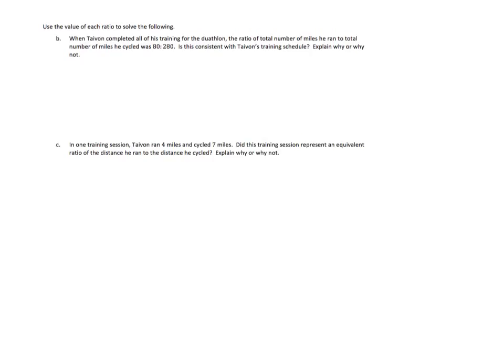When Tavion completed all of his training for the duathlon, the ratio of the total number of miles he ran to the total number of miles he cycled was 80 to 280. Is this consistent with Tavion's training schedule? Explain why or why not. If we want to see if it's consistent, we need to see if the value of the ratio 80 to 280 is the same as the value of the ratio from before, which was 2/7.